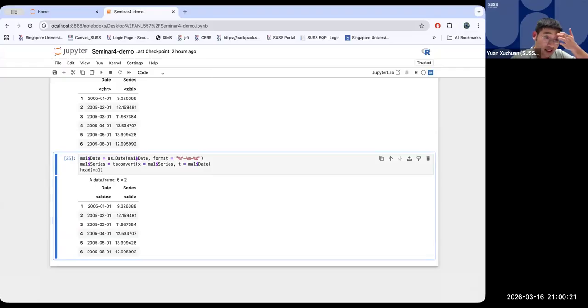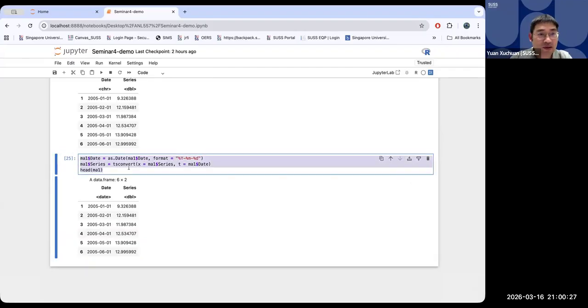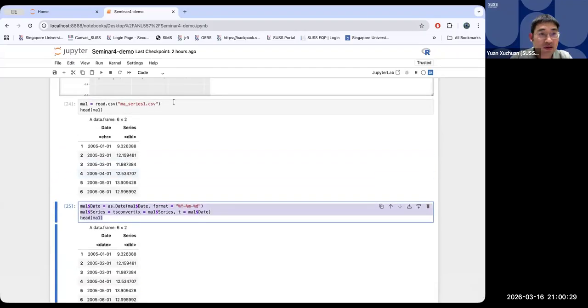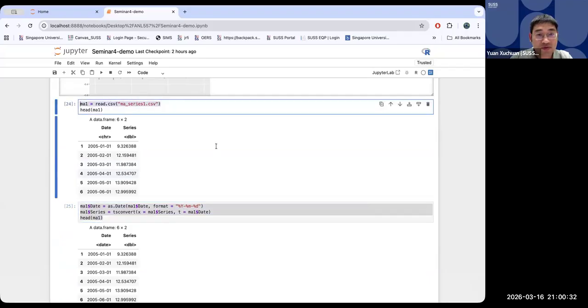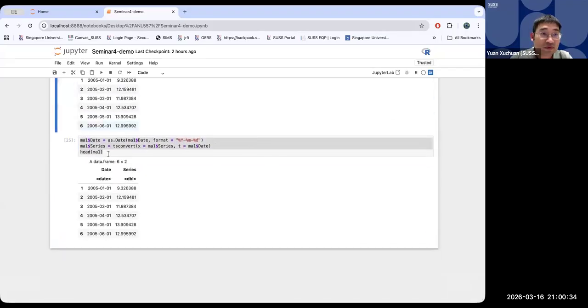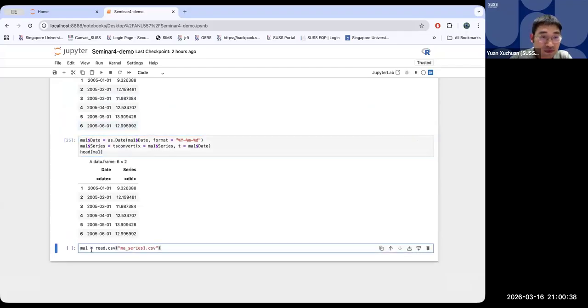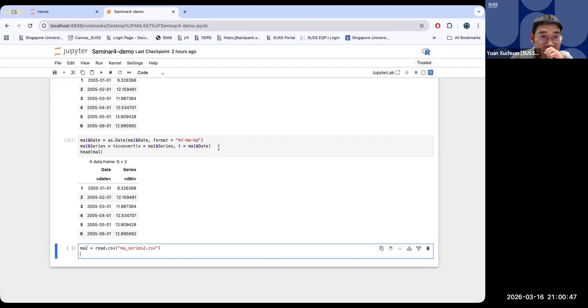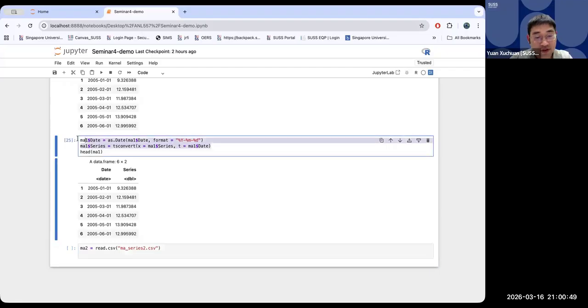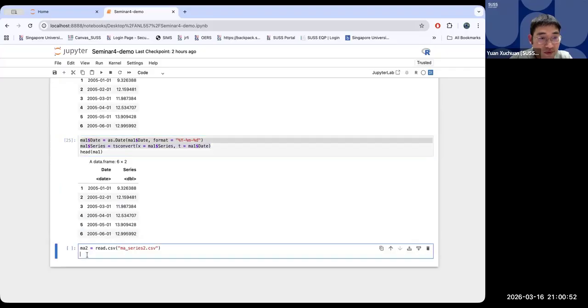And similarly, let's also import MA2. So I just copy. MA2 series data into R. It should be the same.